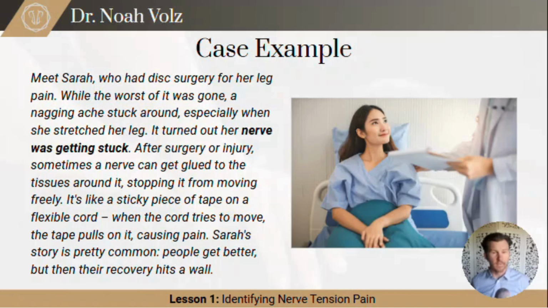This is common if there's any sort of injury to that area. It's kind of like a sticky piece of tape on a flexible cord. When the cord tries to move, the sticky tape pulls on it and holds it in place, causing stiffness or pain or tension. And so this is a treatment approach that we utilize in order for you to feel better when that's what's going on.